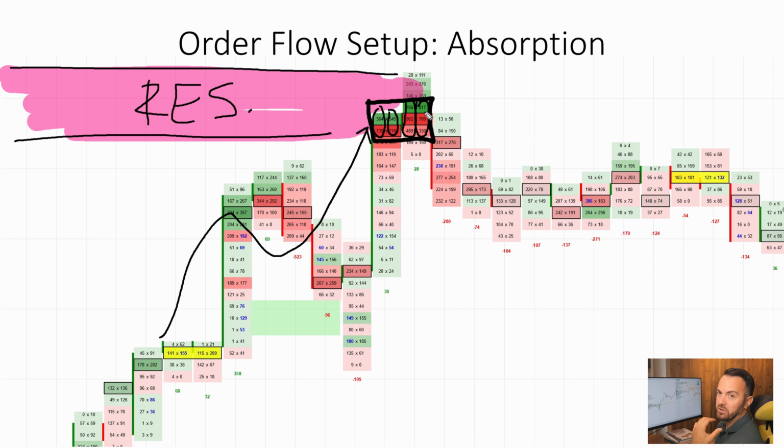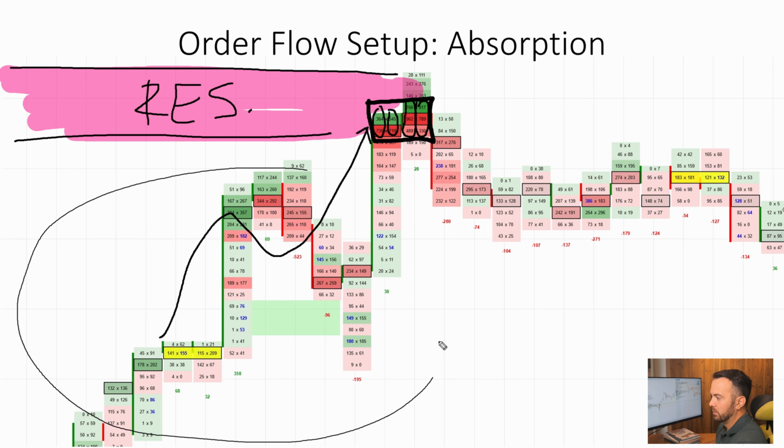And you know, I don't have an exact definition of unusually huge volumes, but what you can do is just look at the chart and compare it with what's going on in here. Compare the typical volume, right? So in here, for example, we have 962 contracts on bid, 789 contracts on ask.